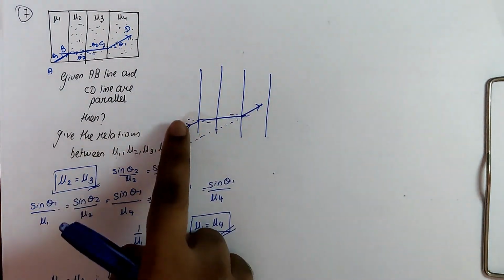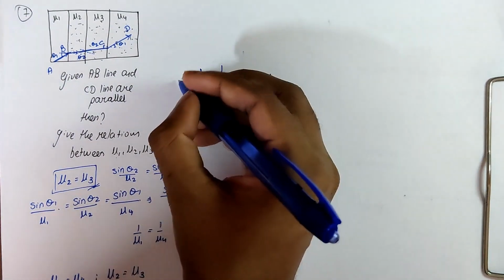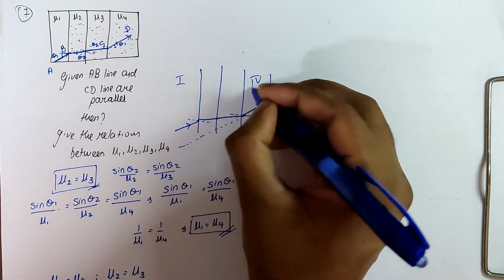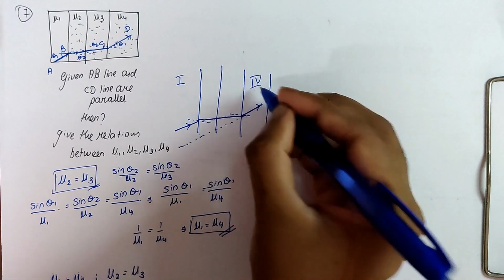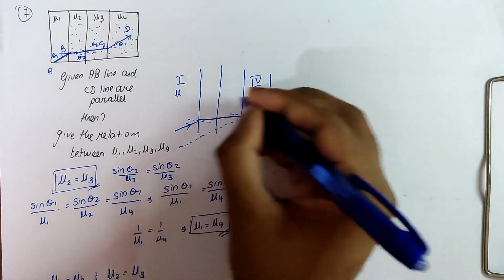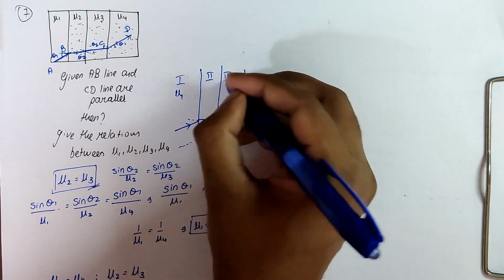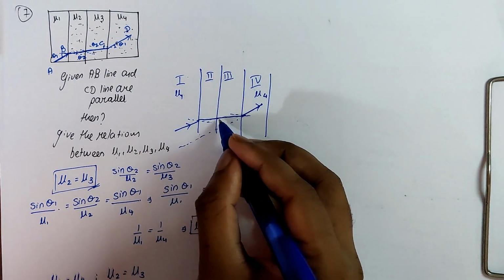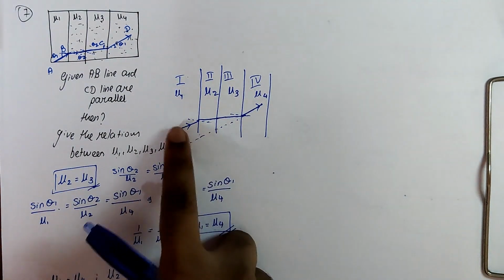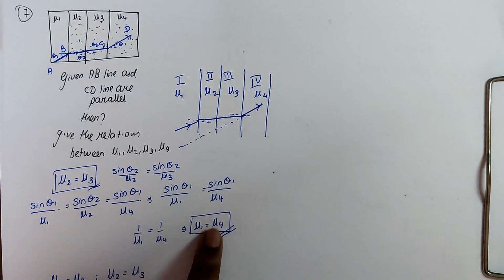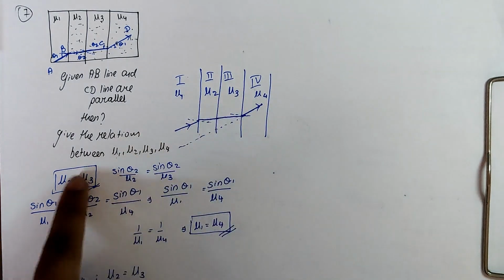Now whenever there are two rays that are parallel to each other after being refracted, we know mu 1 and mu 4 should be the same. For 2 and 3, if there's no apparent change here, then mu 2 and mu 3 should be the same. So wherever the light rays are parallel to each other, the mu should be the same, and when there's no change between the interfaces, their mu also should be the same.